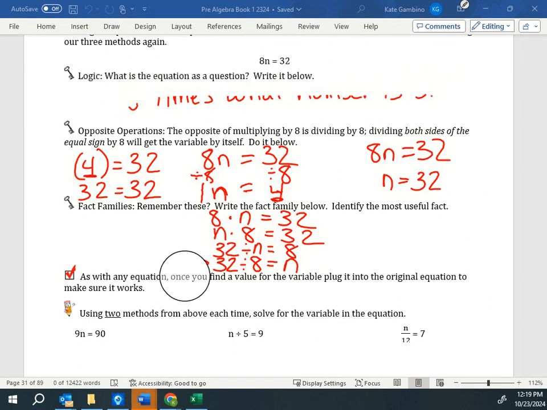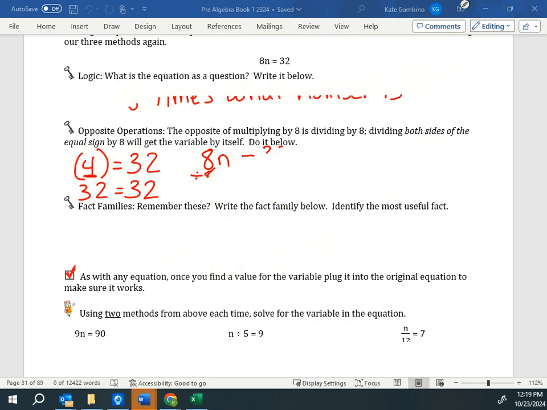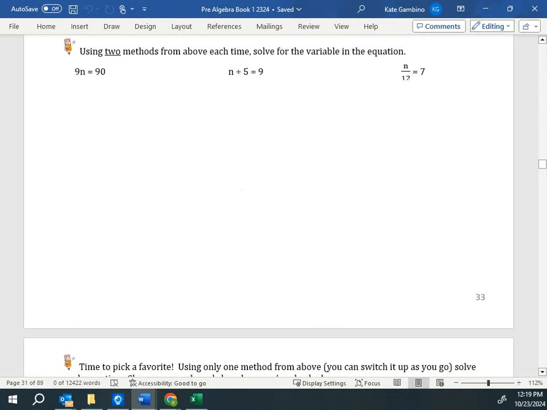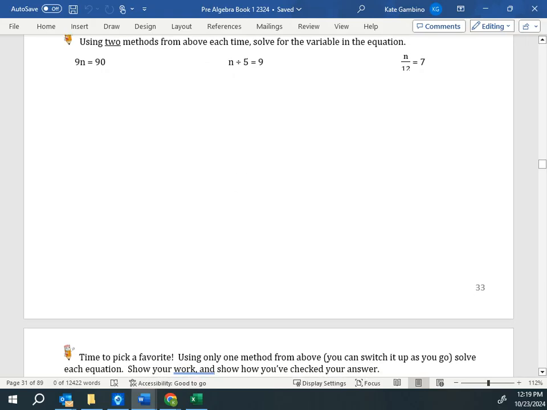So let's see what else this page says. So using two methods from above, each time solve for the variable in the equation, just like yesterday's objective. So if I look at 9n equals 90, what could be one of my ways to solve this? Christina.